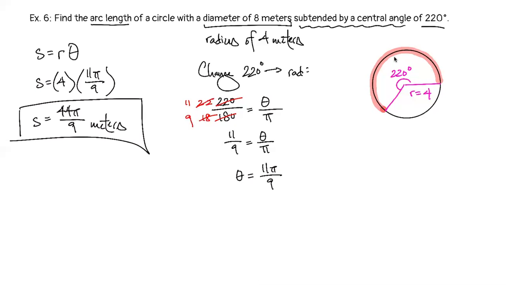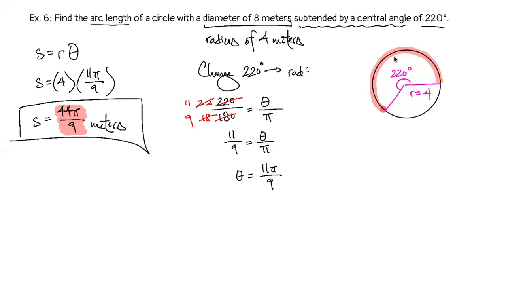Okay, so that corresponds to the edge of that circle. If the radius of the circle was 4 meters and the central angle was 220 degrees, then the arc length would be 44 pi over 9 meters long. Okay?